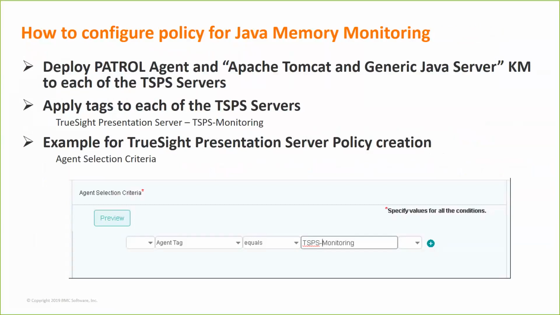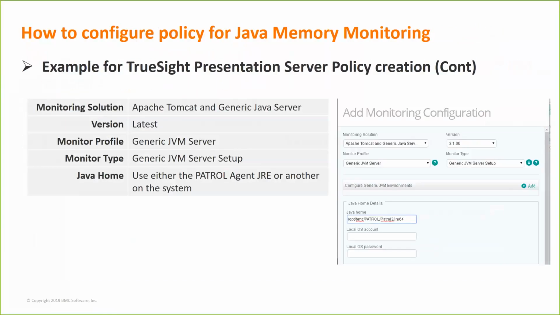By using the TSPS monitoring tag, since it's applied to that agent, as soon as that agent comes online and this policy is active, it'll get the configuration of this policy. This really helps more with TSIM servers and integration servers, because you'll have more of them, but it's an easy way to manage who's going to get this policy.